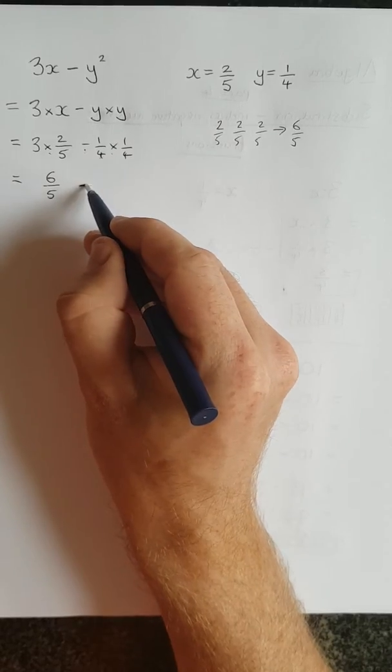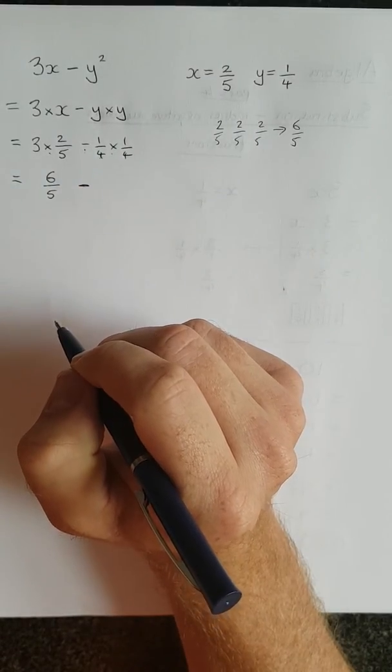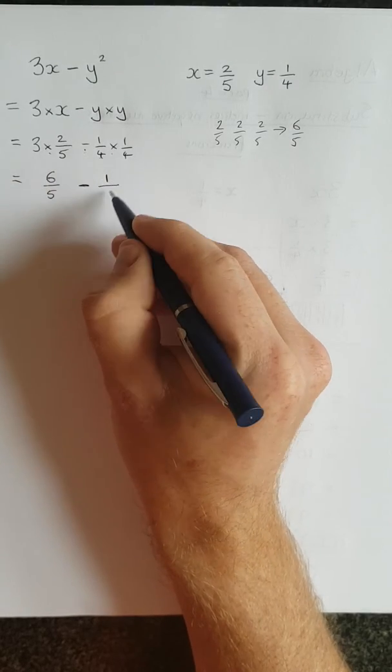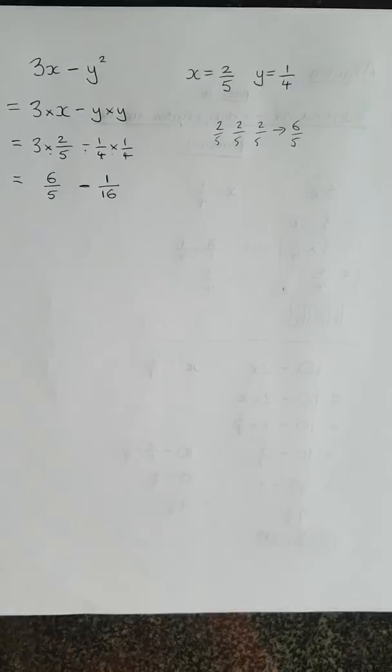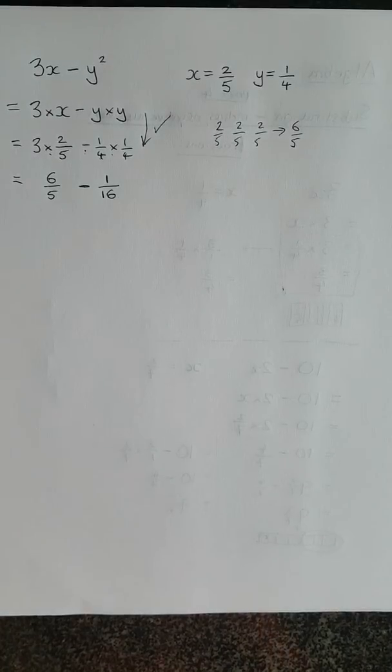One quarter multiplied by 1/4. Well, 1 times 1 is 1. 4 times 4 is 16. Once we'd gone from here to here, we'd done our substitution. It became just a fractions question.